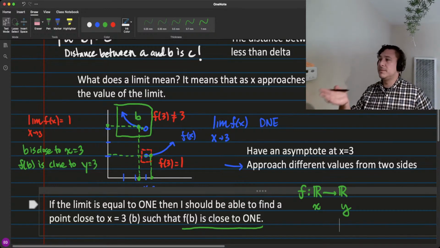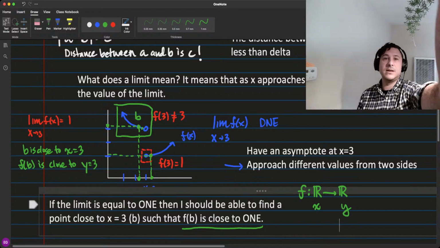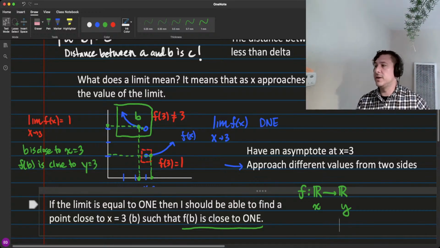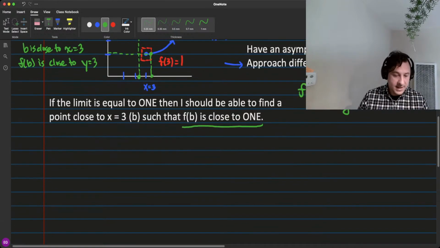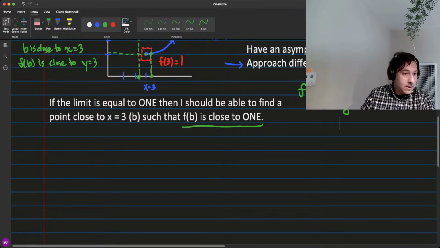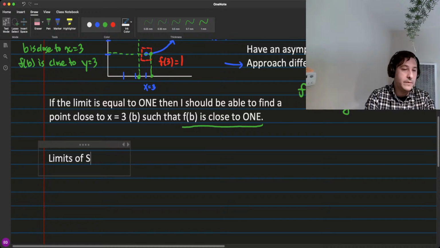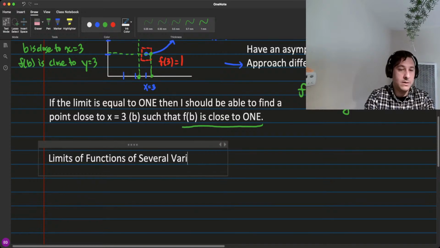In other words, we're going to look at the limits of functions of several variables. Let's do this now for limits of functions of several variables.